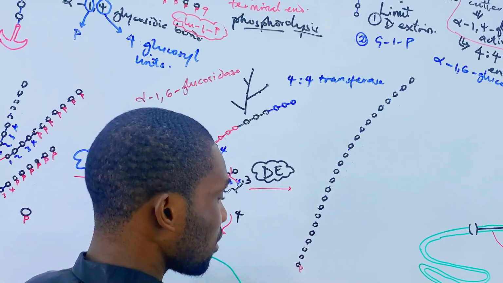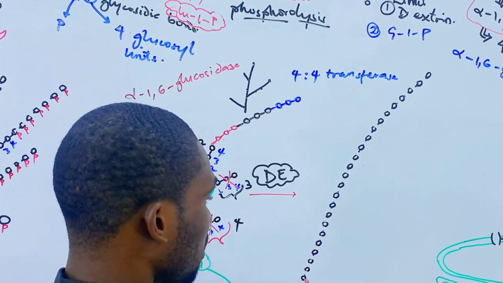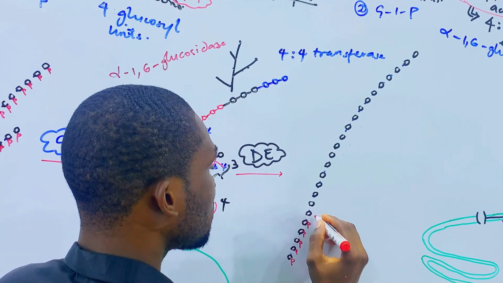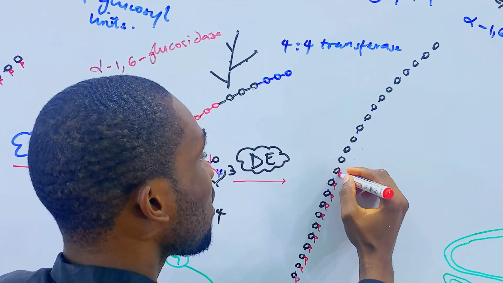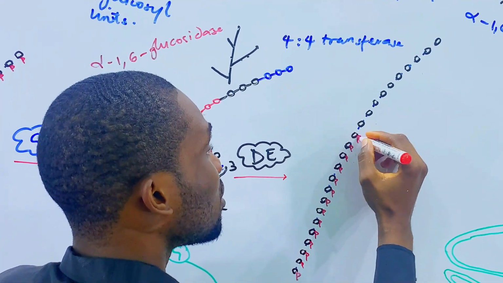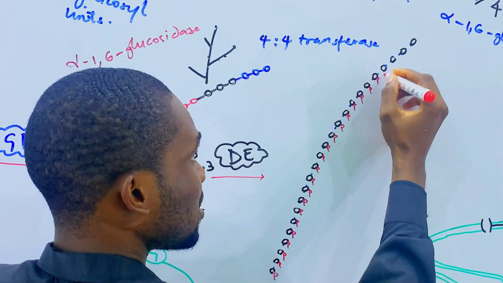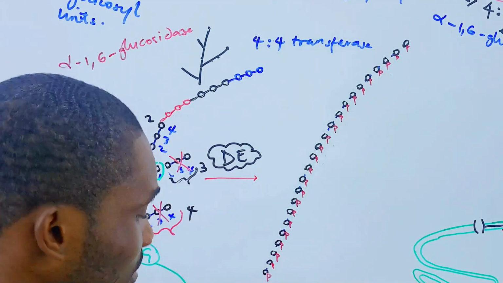And then he added a phosphate to each of them. So he uses the phosphate to break down all these glucose molecules, saying that we've eventually broken down the glycogen to tons and tons of glucose 1 phosphate with little glucose, right?